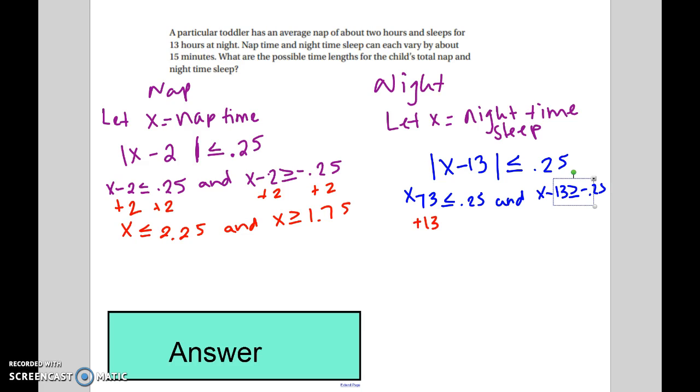Add 13. And we end up with x is less than or equal to 13.25, and x is greater than or equal to 12.75.